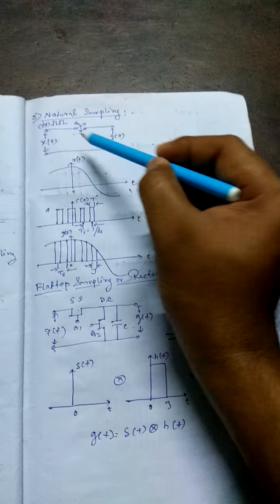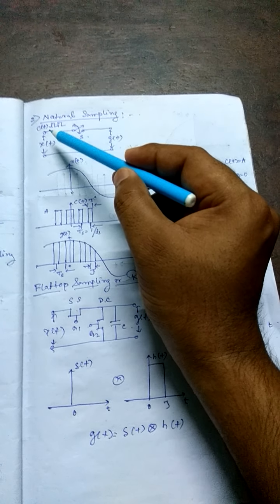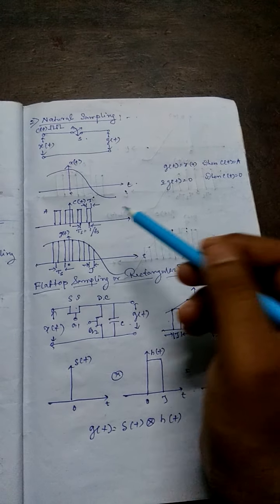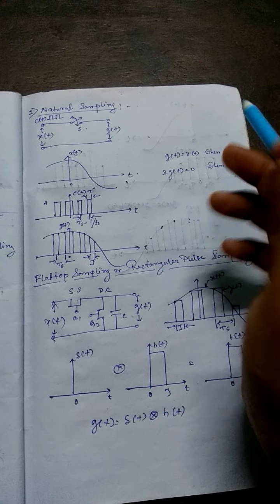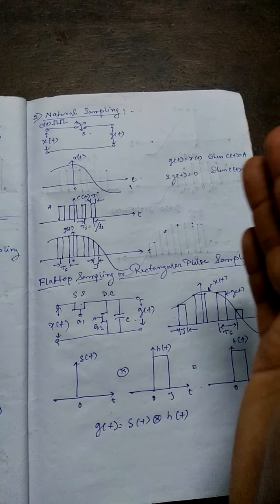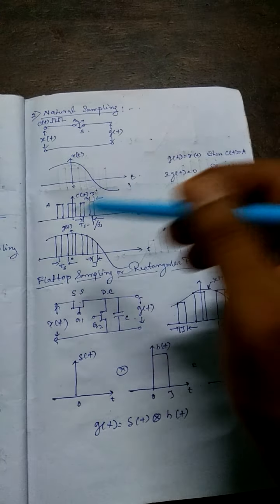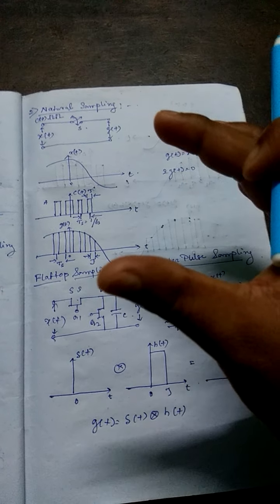By the help of that switching operation we generate a c(t) signal, which is also called the pulse signal. In natural sampling we do not go deeply into the mathematical operation, but only concentrate on the schematic diagram as well as the output waveform.